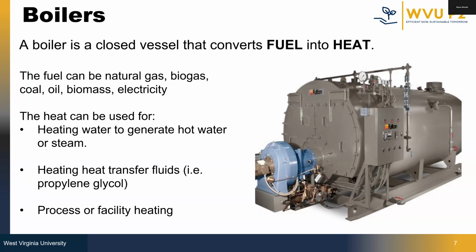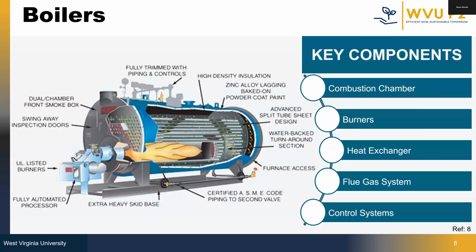However, they generally have several similar key components. So at the core of the boiler is the combustion chamber. That's where the fuel is burned. On gas-fired and oil-fired boilers, you'll also find burners that deliver the fuel into the combustion chamber. The burners control how much fuel enters and help manage the air-fuel mixture to ensure total combustion.